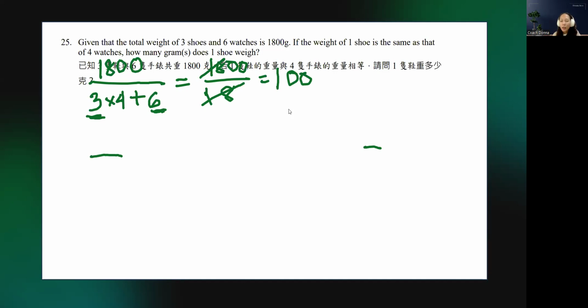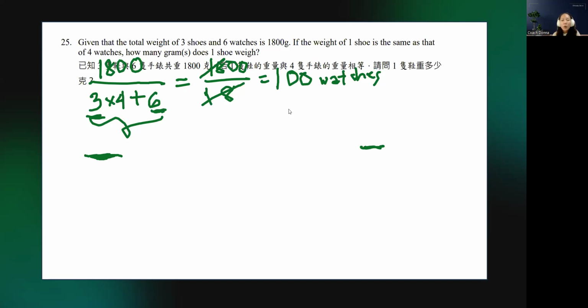Okay? So now if you have 100, what do you call this? 100 watches, right? Because our denominator was all about watches. So if you have 100 watches, you know that the weight of one shoe is the same as 4 watches.